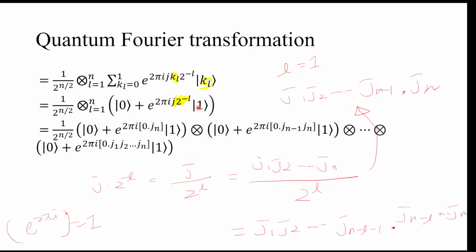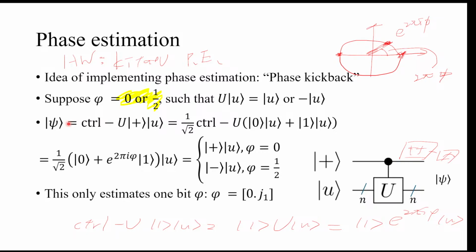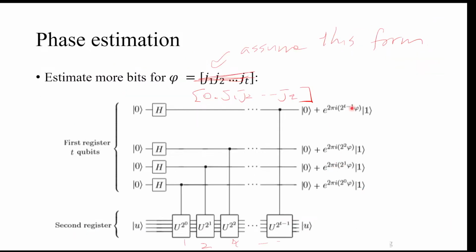I guess this j times 2 to the minus l is exactly this thing. It's a bit different: this is 2 to the t minus 1 times phi, but phi is something less than 1 and j is something bigger than 1.